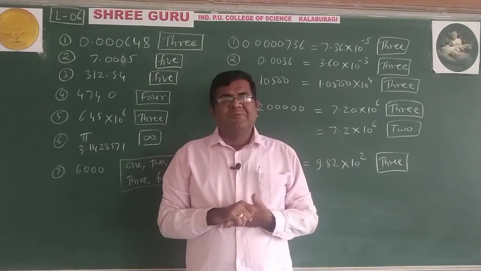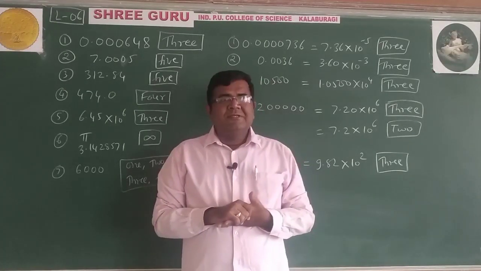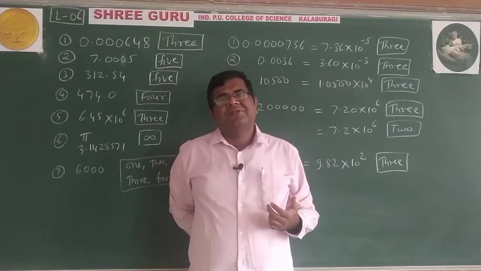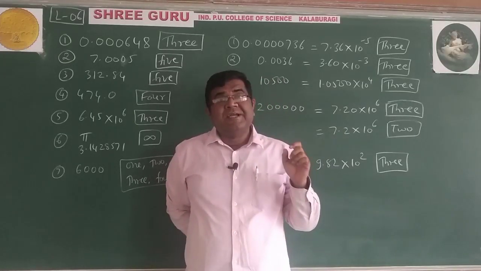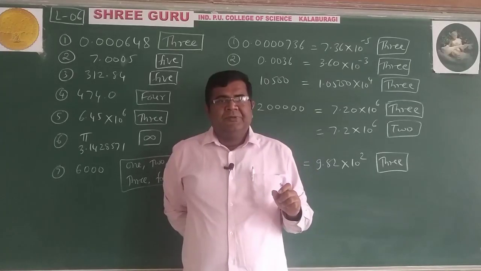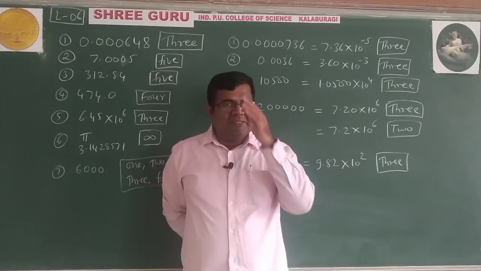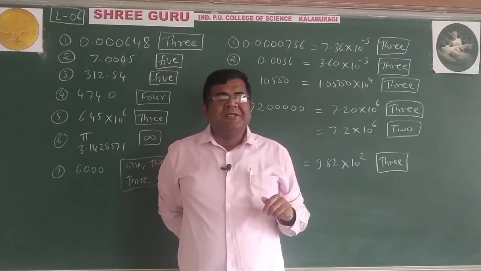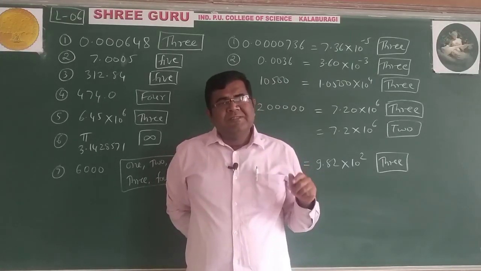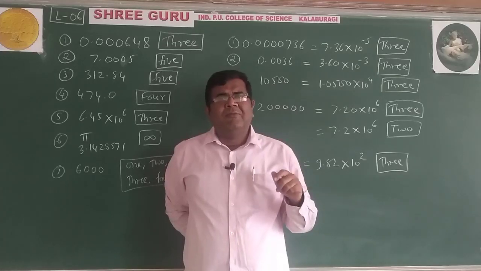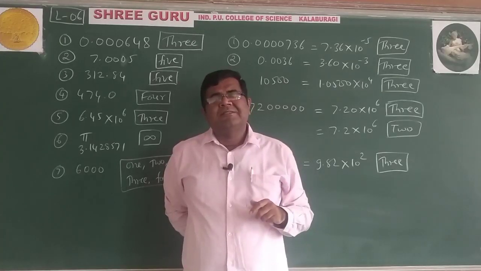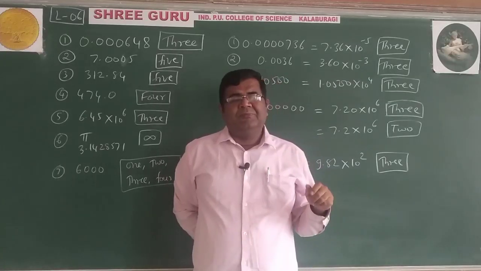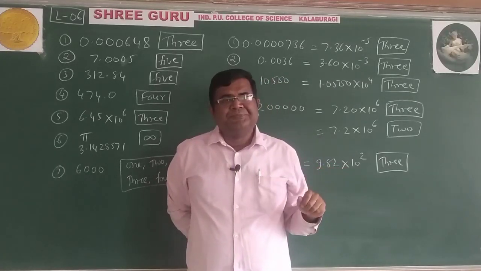In last class we learned about significant figures. We started with one statement that every scientific measurement involves certain uncertainty. Two causes of uncertainty: one is the skill of the observer, and another is the limitation of the instrument.